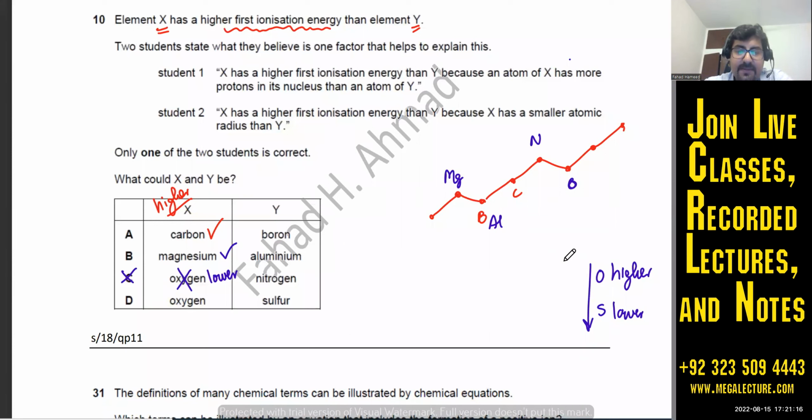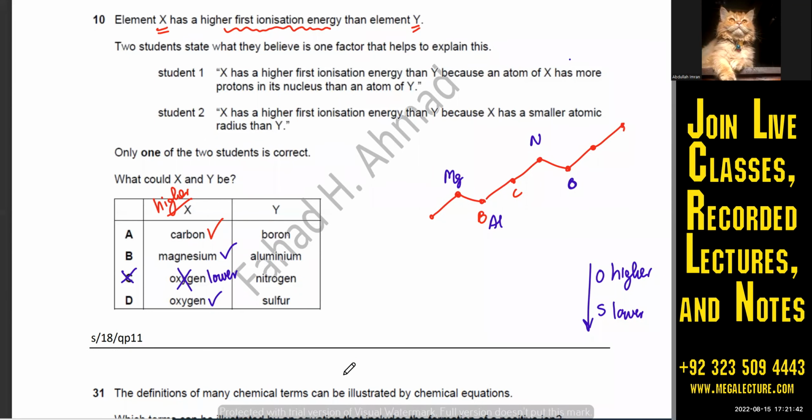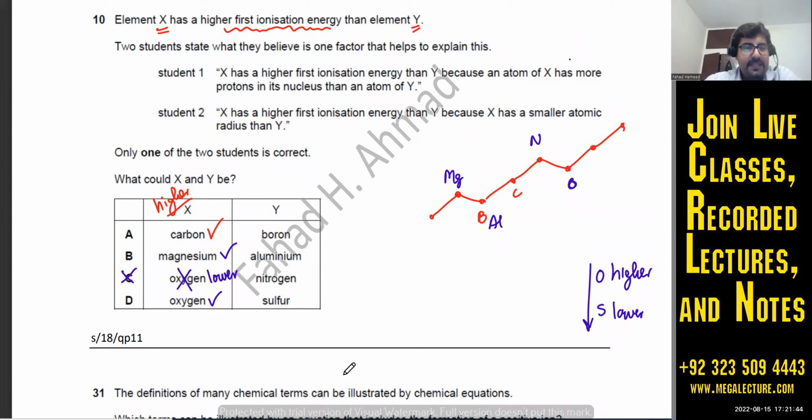When you have smaller atoms and less shielding, the electron is closer to the nucleus. Bigger atoms have more shielding. The electron is further away from the nucleus, so there's less attraction, so it's easier to remove electrons. So this is also true. Oxygen is going to have a higher ionization energy compared to sulfur. Is that clear? Yeah. So C gets eliminated.